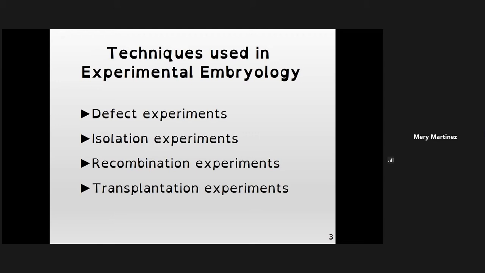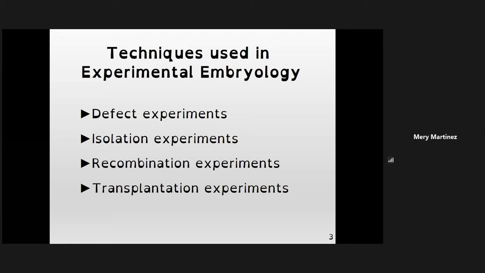In these isolation experiments, a portion of the embryo is removed, and then the development of the partial embryo and the isolated part is observed. Okay, so let's see. If I take the cell, what will the cell become, and is the embryo going to be normal or is it going to miss the section that we took out?